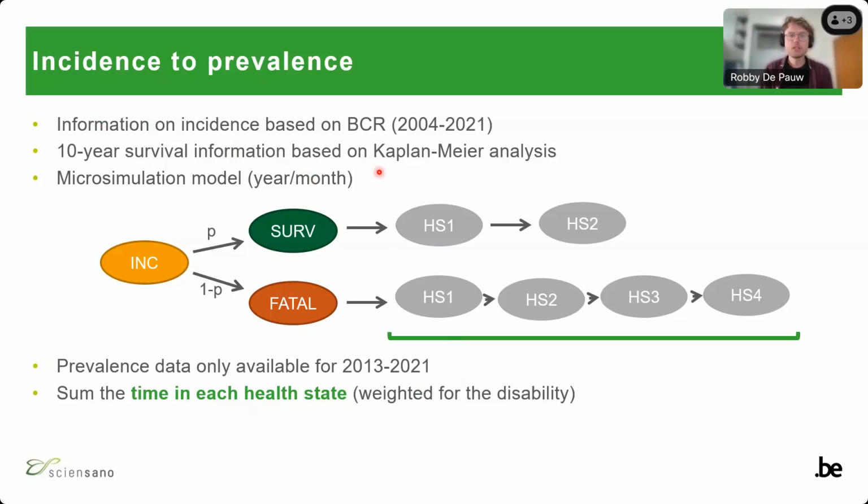The 10-year survival information that was received from the cancer registry is based on a Kaplan-Meier analysis. This means that we have survival proportions for the different cancer types. This can be divided by age, sex, and region for the 3 main regions in Belgium.